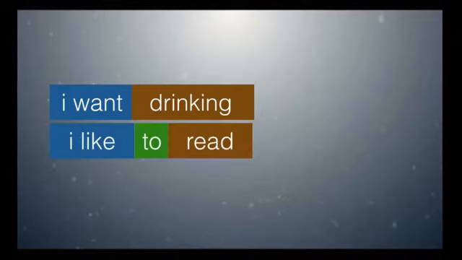And we have another pattern. For example, if I say I want to drink, there's another verbal noun which can be made by adding "ing" to the word. I want to drink, we can say I want drinking. If I say I like to read, we can say I like reading.